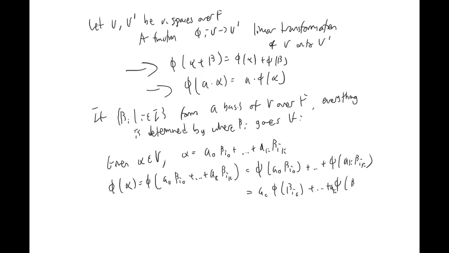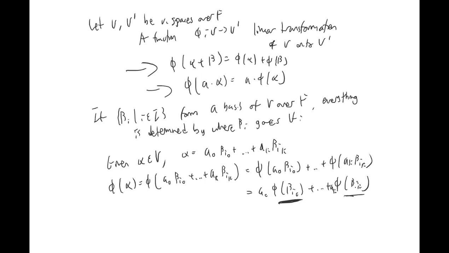So you see, everything's determined by where each of the phi of beta i's goes. It's very similar to a homomorphism, except that for a homomorphism, if your group is cyclic, it's generated by one thing, so all you need to know is where that one thing goes.